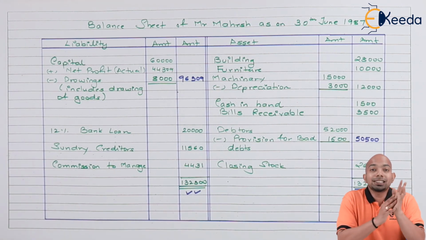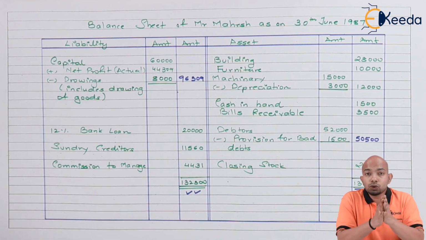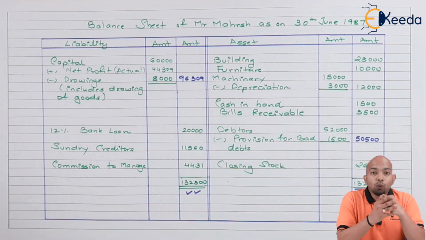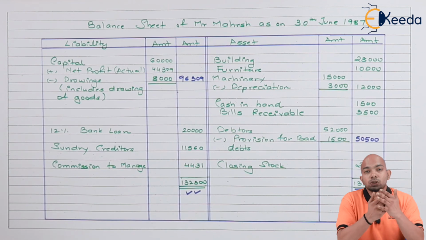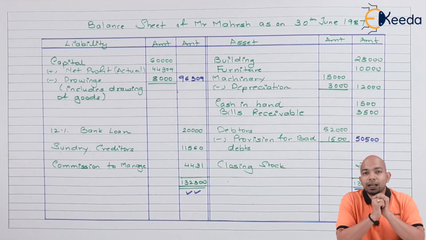So I hope this sum gave you a lot of clarity as to how to solve different adjustments and how to place their effects into different books at one single point of time. That means into the trading account, profit and loss account and balance sheet.